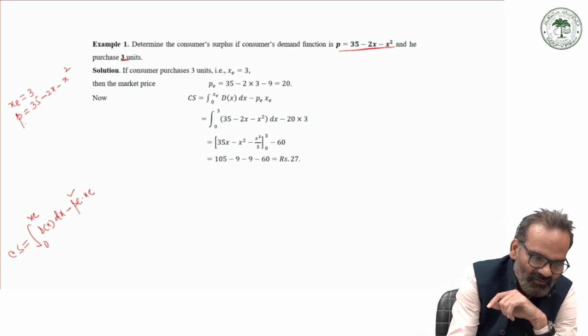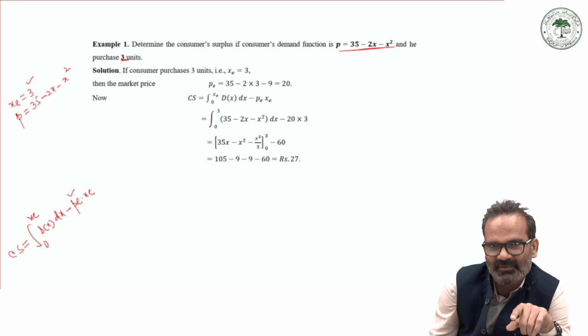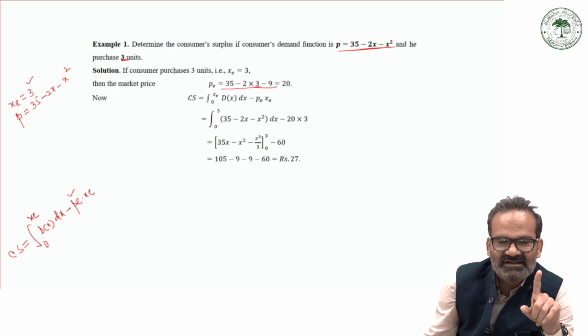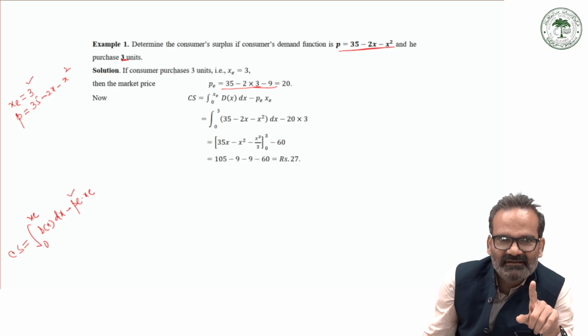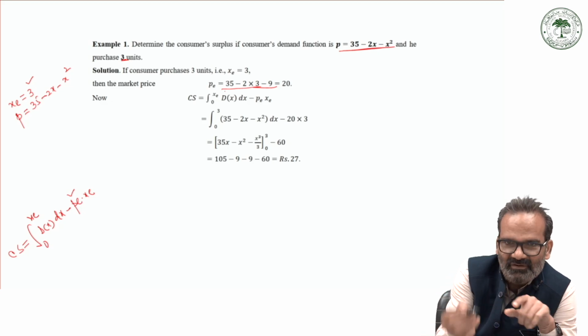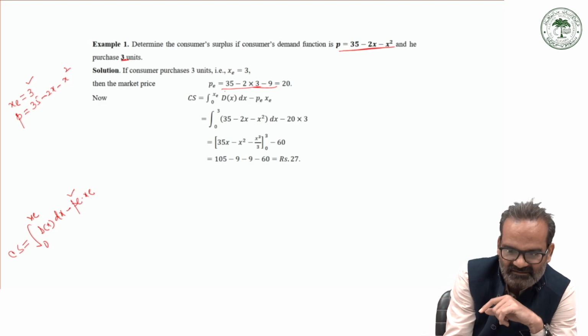So put the value of X in the demand function, you will get its respective price which is fixed by the market. Look here, we have substituted the value of X equals 3. If the consumer purchases 3 units, that is XE equals 3, then the market price of these 3 units is found by putting the value of X in the demand function.